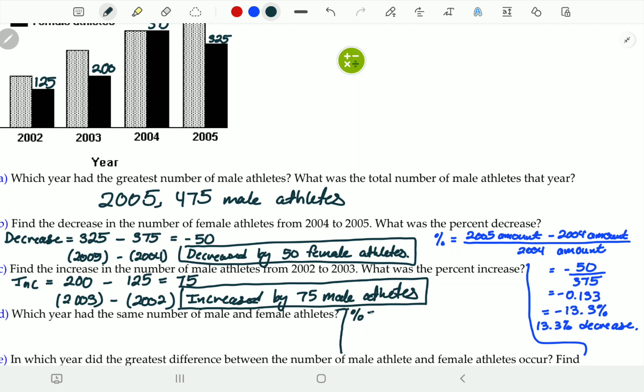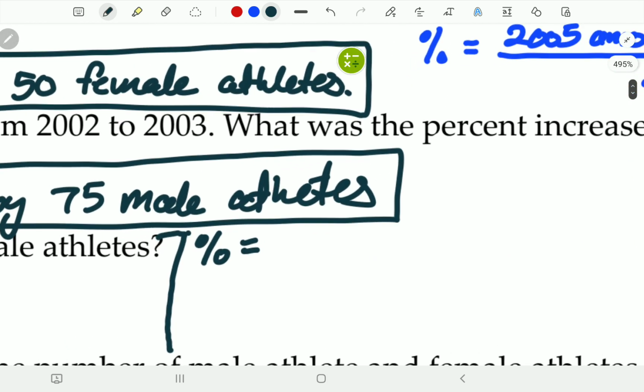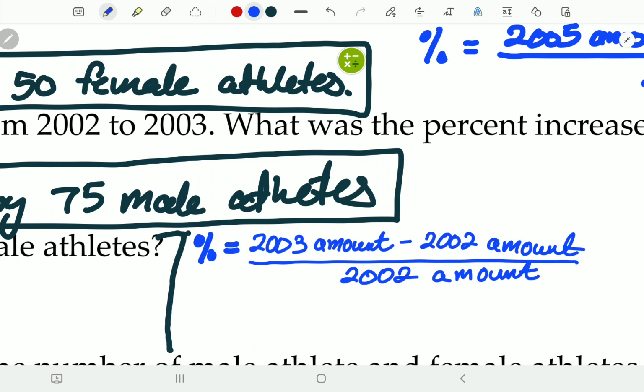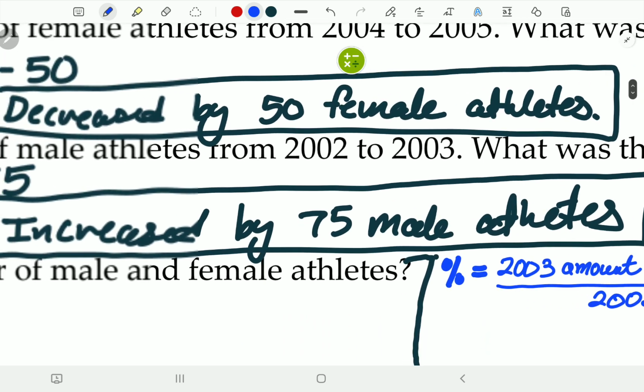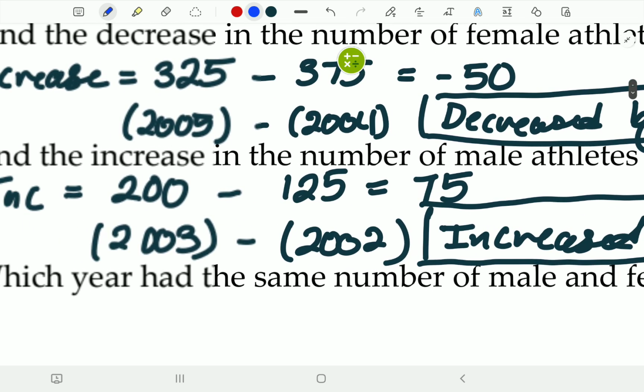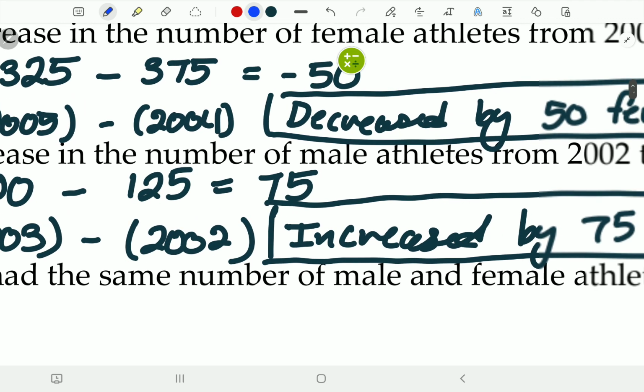The percent increase is going to be the 2003 amount minus the 2002 amount divided by the 2002 amount. We already found the difference between the 2003 amount and the 2002 amount for our male students. Our difference is 75.